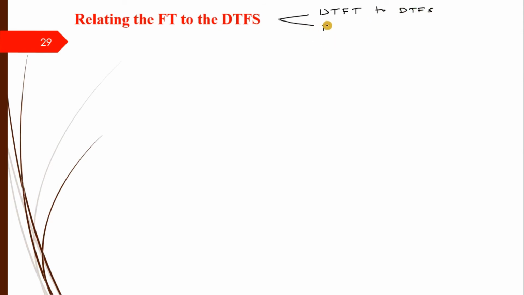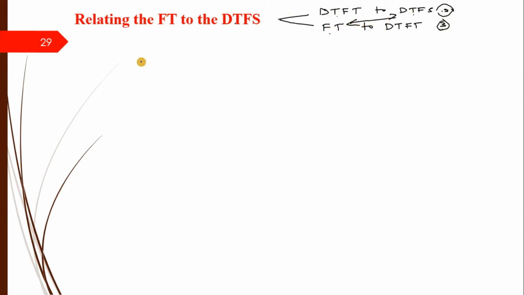And one more relation I use, DFT to DTFT. See, I am supposed to do FT to DTFS relation. Second relation we have done this one. This is a third relation. Second and third I utilize here in order to derive this, relating DTFT to DTFS and FT to DTFT.